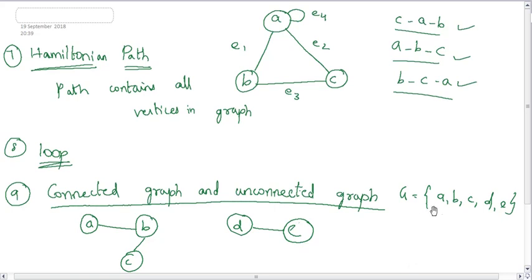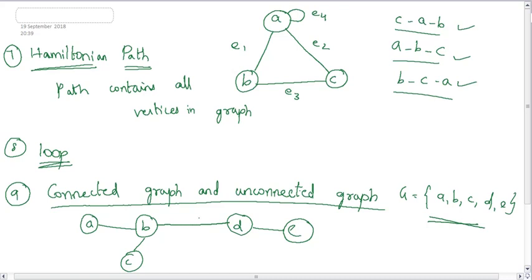No. The graph has 5 vertices. Here if you see, A, B, C are connected together. The other 2 vertices D, E are connected together, but this is not connected with this section. So it is an unconnected graph. So what makes it a connected graph? There should be a connection like this, where all the 5 vertices of this graph are connected. Then we would be calling it a connected graph.